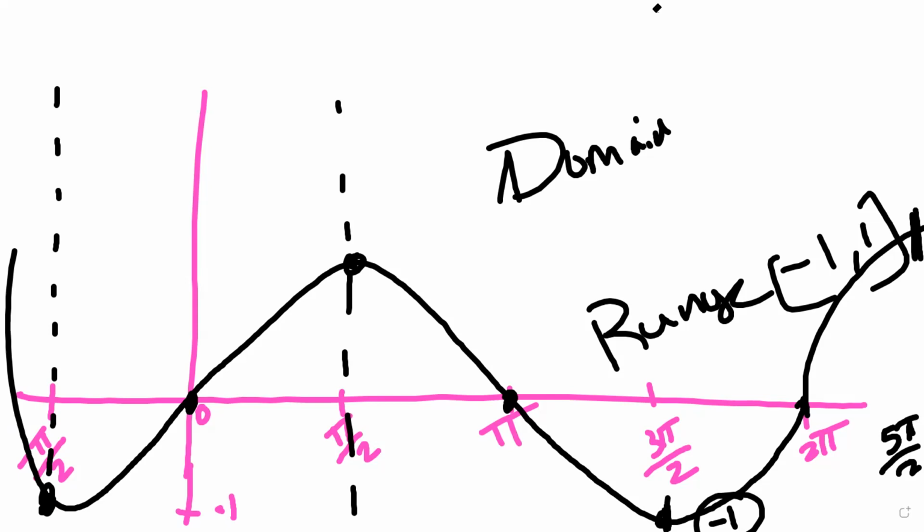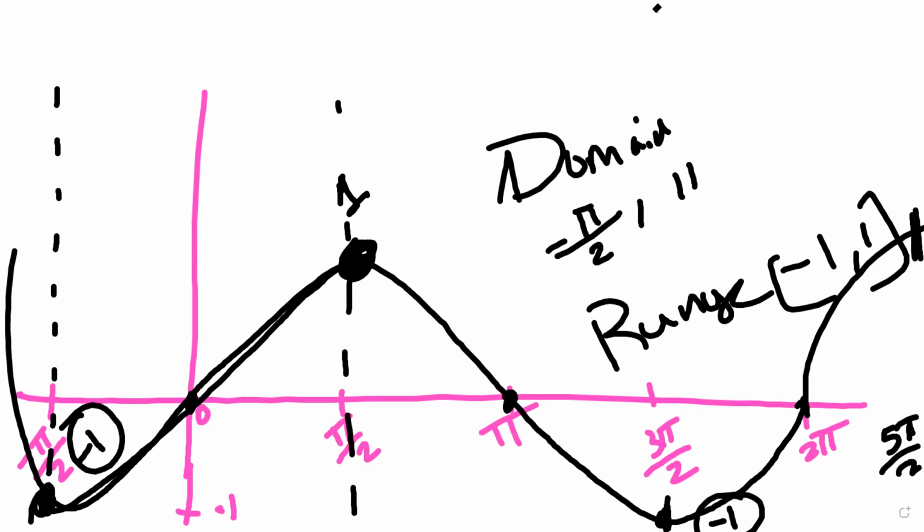So the first interval will be from this point, whose sine is 1, and the lowest point, whose sine is negative 1. So it will be from negative pi over 2 to pi over 2. This is now for the sine. So from here, I want you to memorize the graph of the sine, the domain, and the range.